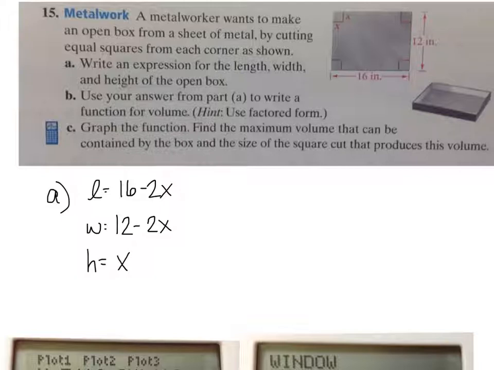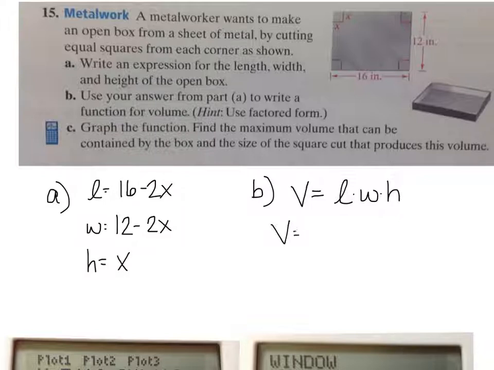For part B, it says use your answers from part A to write a function for volume. What is the function for volume for a box like this? Just like the general formula chart, what's our formula for volume of a box? Yes, length times width times height. All we have to do is plug in what we wrote down.